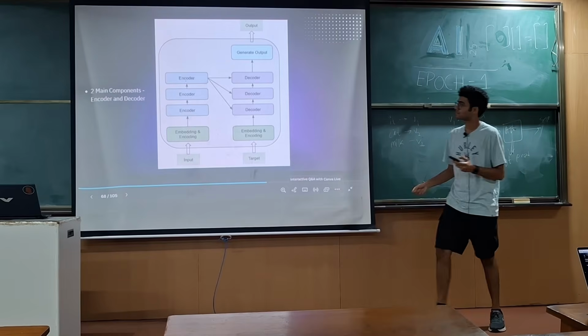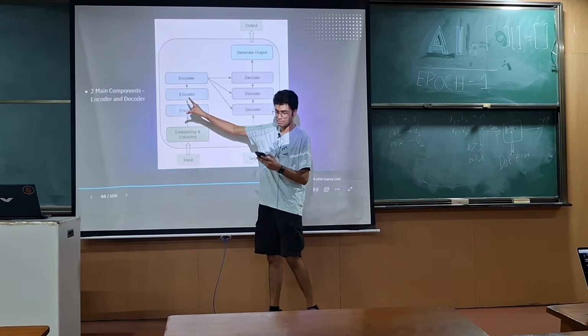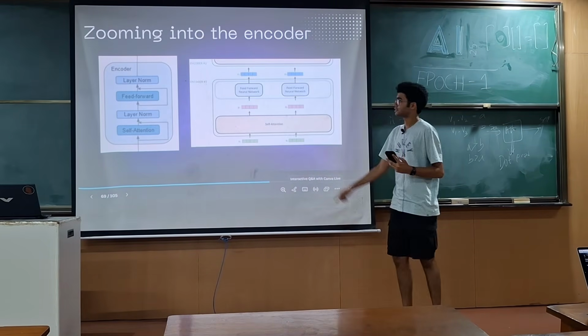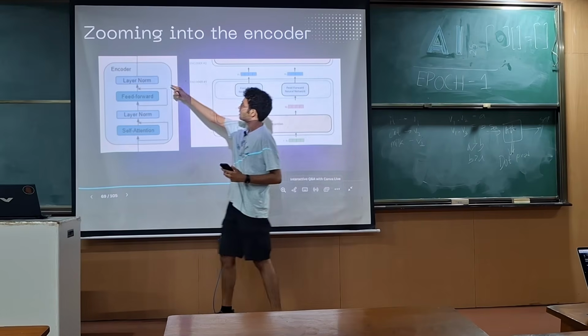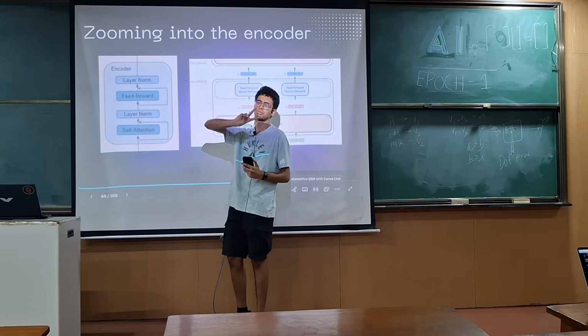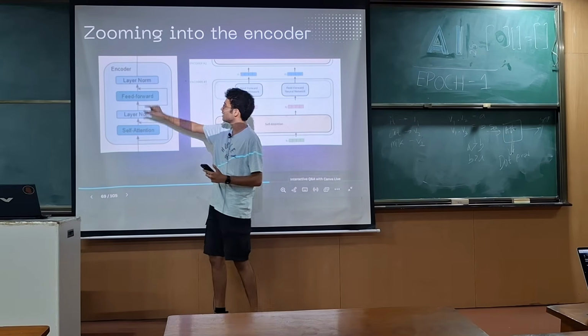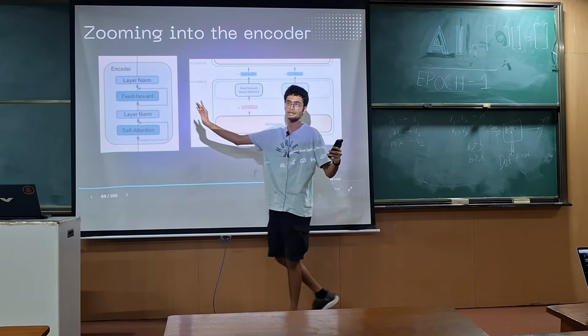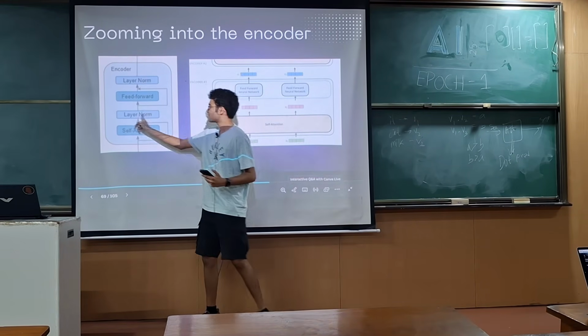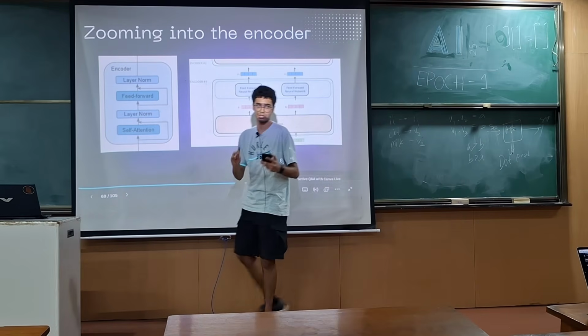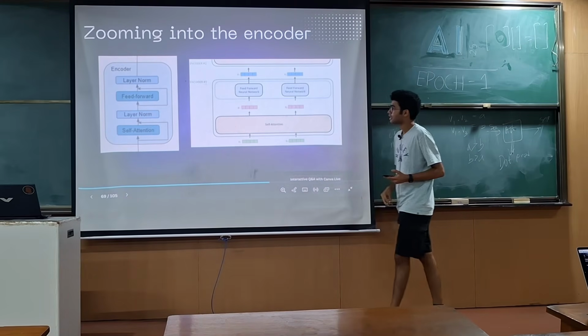So yeah, let's pick this encoder block and let's zoom in even more. Yes, that is your encoder block. And an encoder block has two big things: the attention mechanism, which we're going to talk about, and a feed forward. A feed forward is just a simple neural network. That's it. Layer norm, by the way, is just some mathematical operation you do to make sure your numbers don't go crazy. And yeah, that's it.